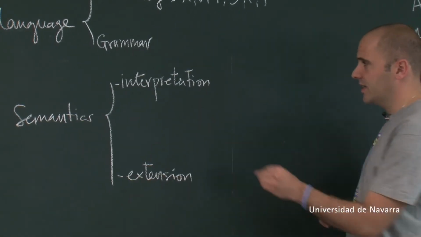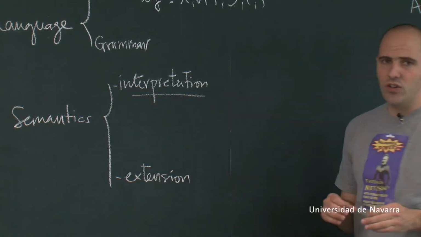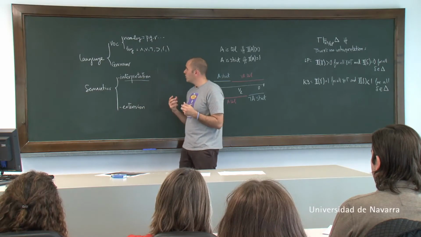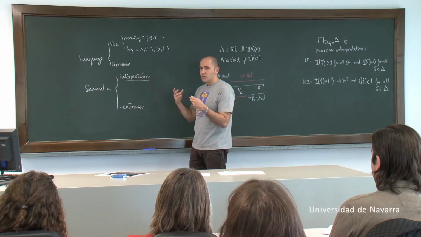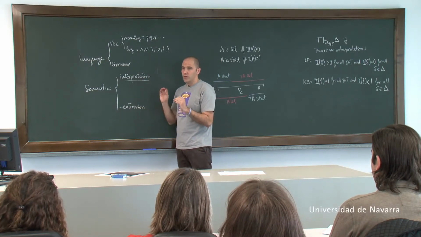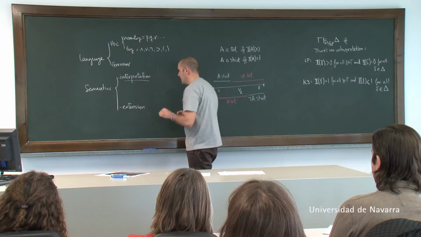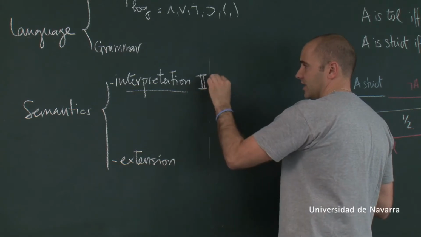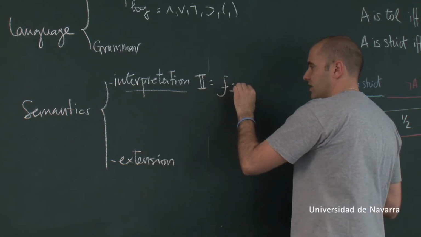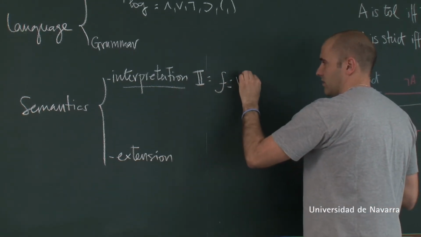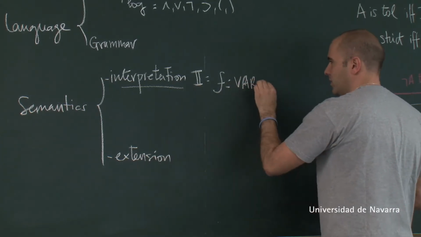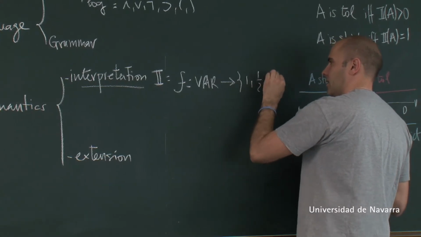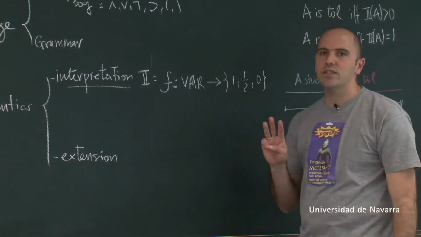In particular, in classical logic an interpretation of the non-logical vocabulary was an assignment of truth values, true and false, to each propositional variable. Now in this case, an interpretation is going to be a function from propositional variables to three truth values.